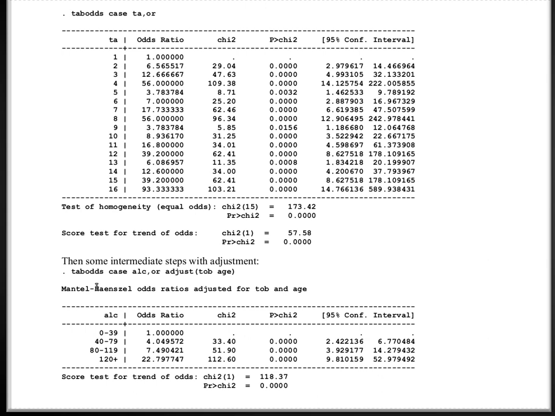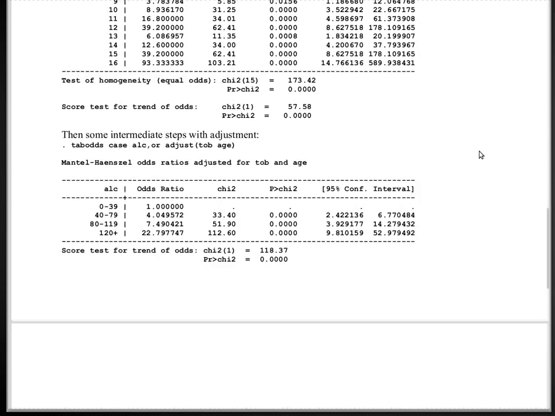Okay. If I do so, again, using this tab odds facility in Stata, I get an opportunity to reproduce some of the key pieces that are in Breslow and Day's analysis done all those years ago. Okay. And you can see we get some indication here of a dependency on alcohol consumption that perhaps we did not see from the very simplest analysis.